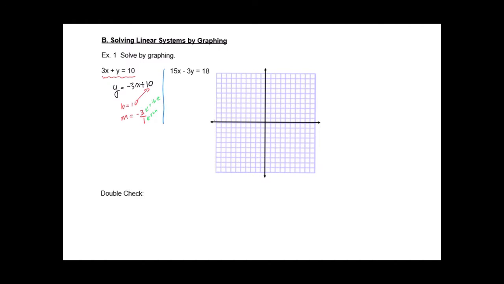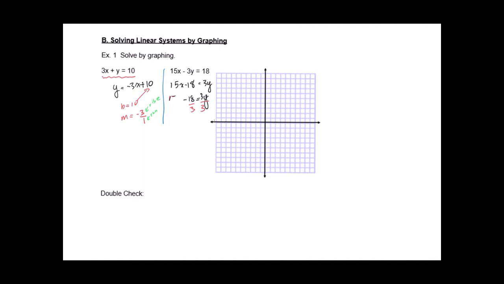And we end up with, well, I'm going to take the negative 3y and move it to the other side. So I got 3y is equal to 15x minus 18. And then in order to get y by itself, I have to divide both sides by 3. So 15x divided by 3, and negative 18 divided by 3.